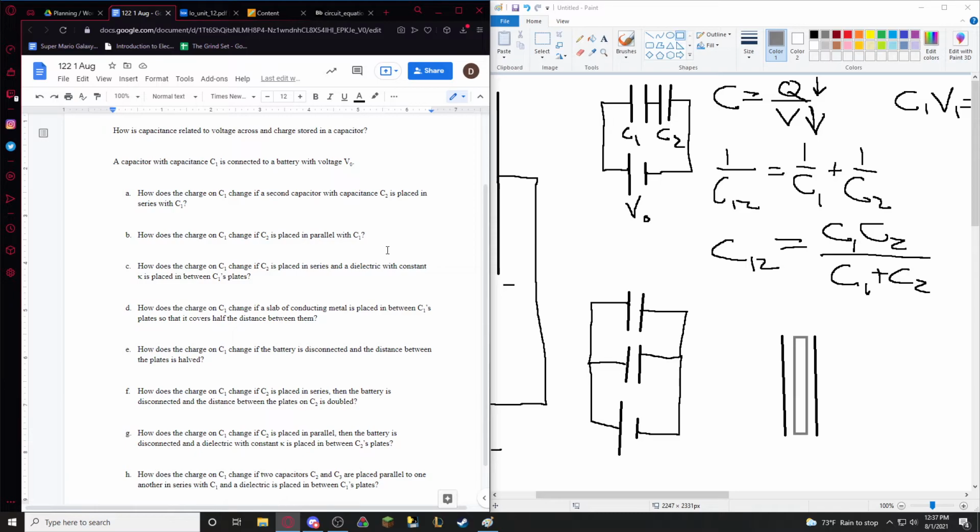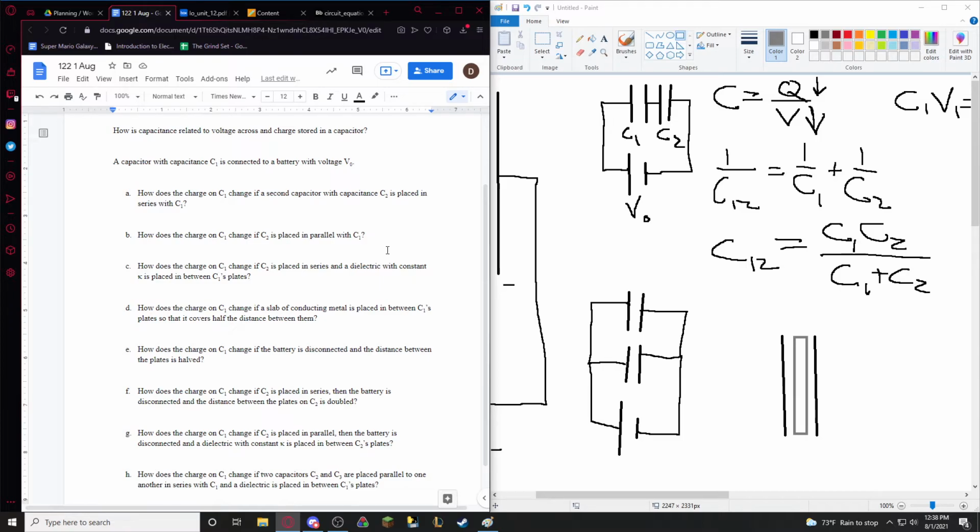So what happens if the battery is disconnected and then the distance between the plates is halved? What's going to happen to the charge? The battery's disconnected, then the distance is halved. This is half as in it gets closer to each other? Yes.